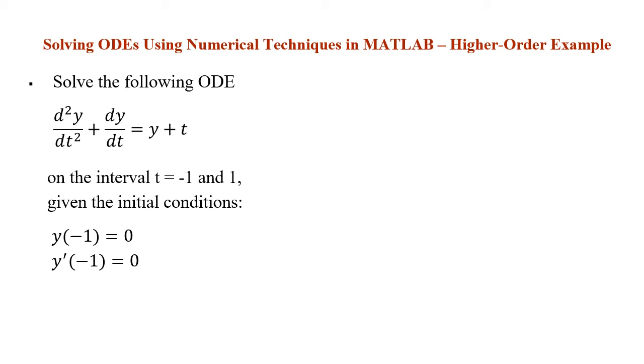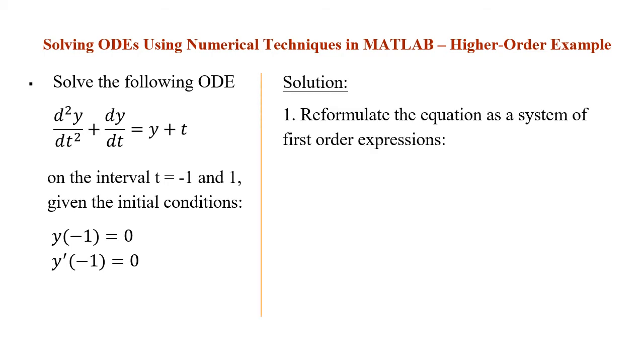And we're provided with the initial conditions as follows. So y of -1 is 0, y prime, or the first order derivative, is 0 at -1.